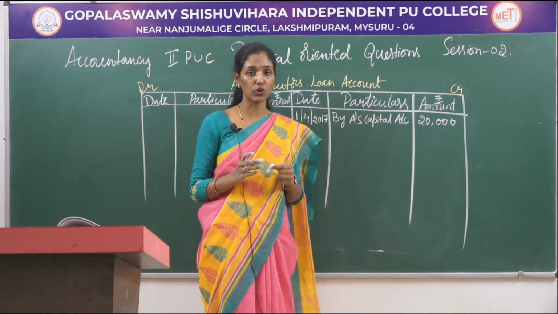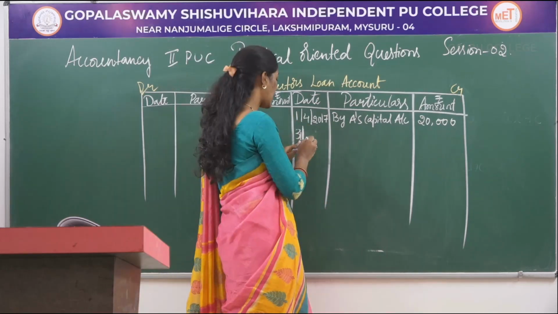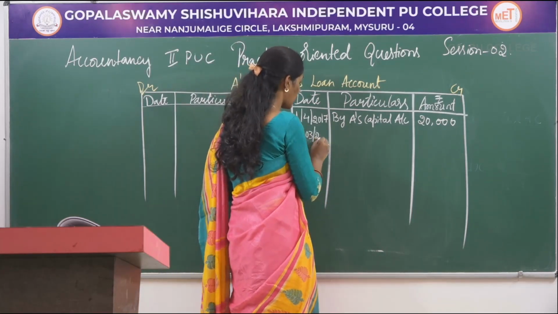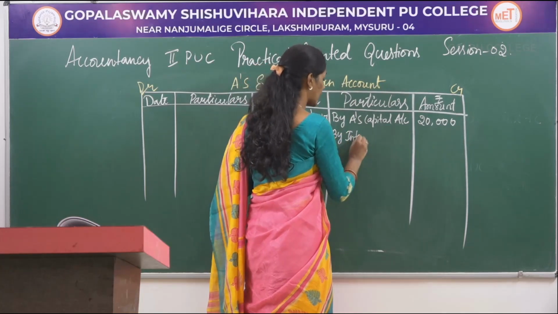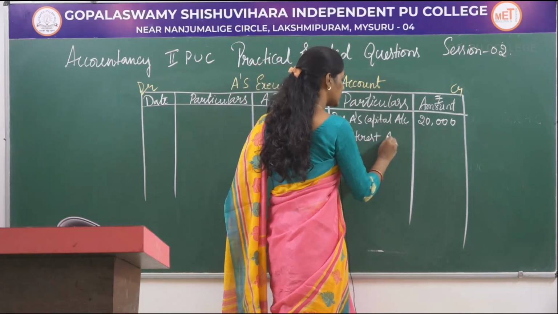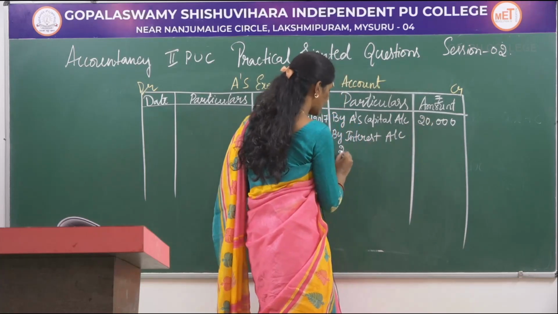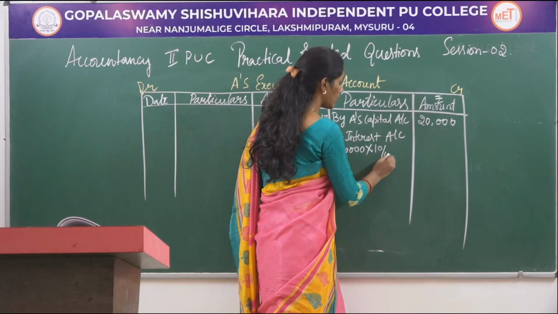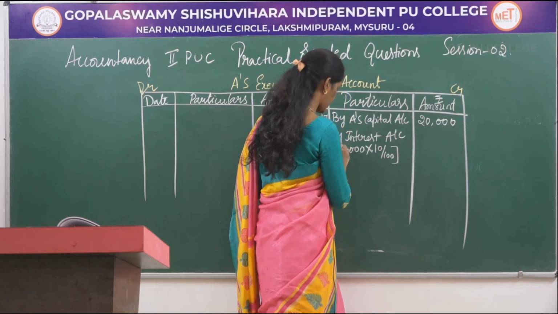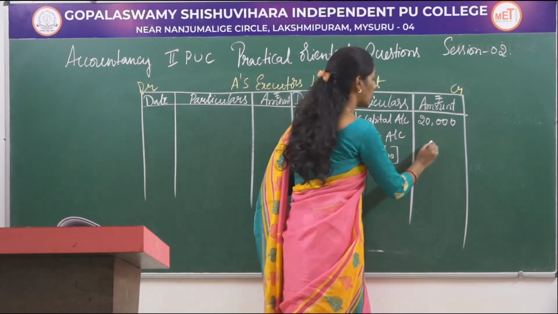Here you have to assume interest rate also. The next, as on 31/3/2018 by interest account, 20,000 into 10 divided by 100, you will get 2,000.